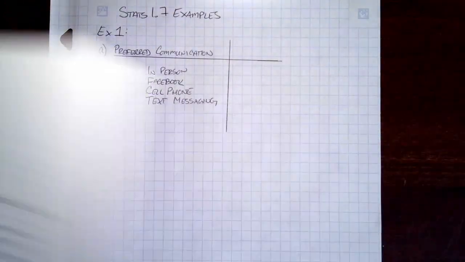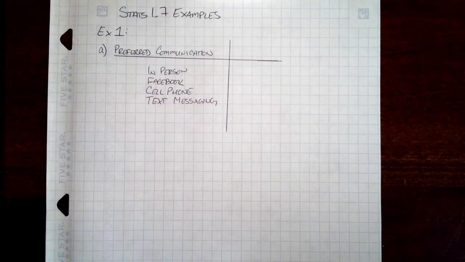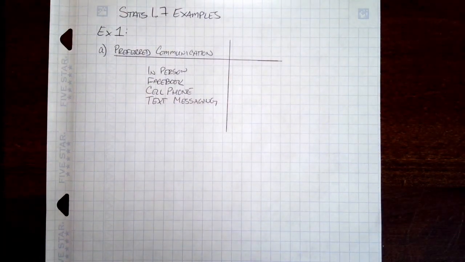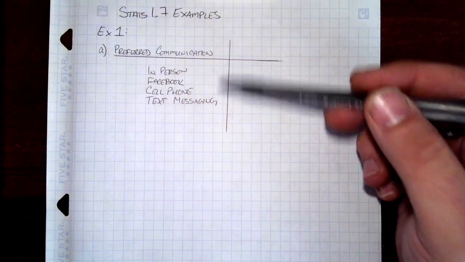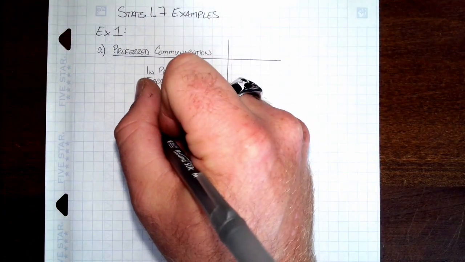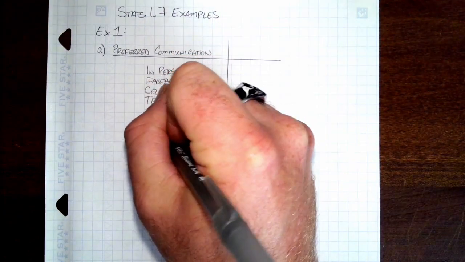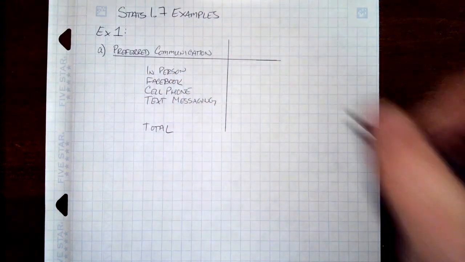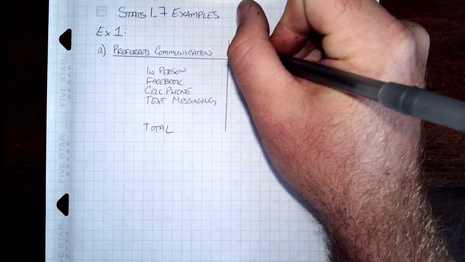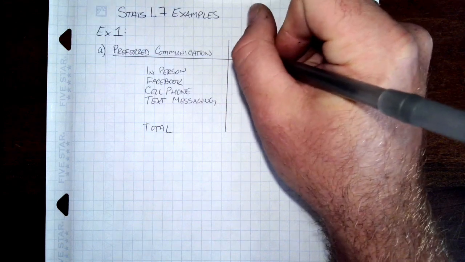So I've set up some of our chart, but we need to add a few pieces. So we have our preferred communication methods. We also should add a total. I'm going to get the raw, just straight up frequency.